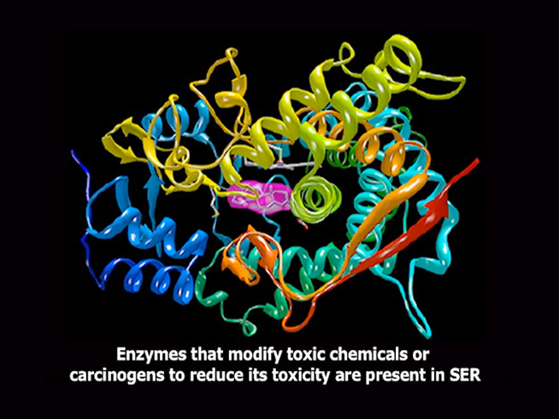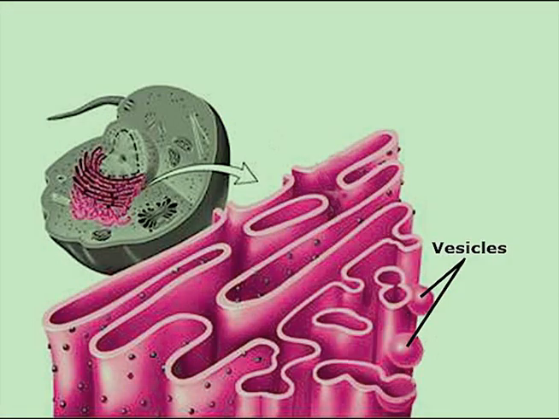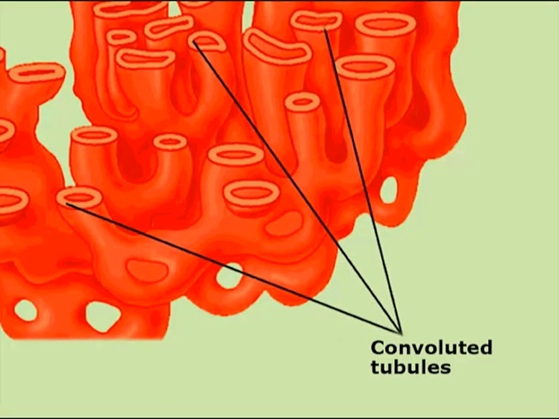Enzymes that modify toxic chemicals or carcinogens to reduce their toxicity are present in SER. These toxic chemicals are secreted out of the body through the formation of vesicles by SER. Under the electron microscope, the SER consists of an interconnected series of convoluted tubules.